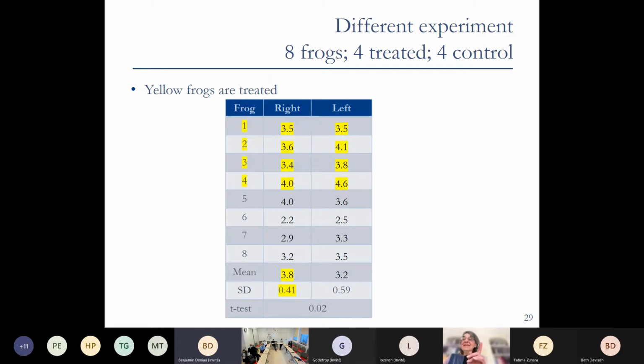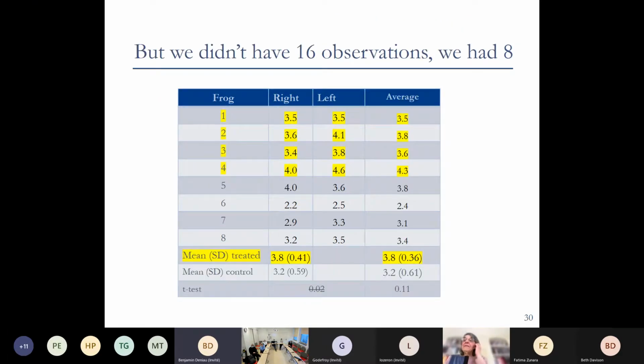But wait a minute, I ignored my correlation. Next slide. Because the 2 eyes in each frog are correlated. They come from the same frog, so they have relationships between them.